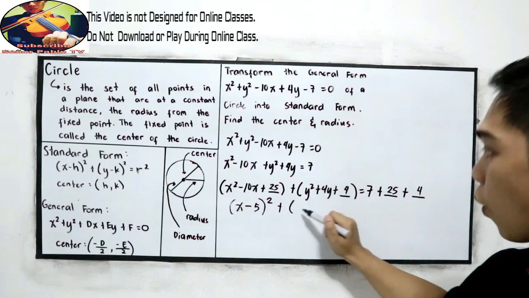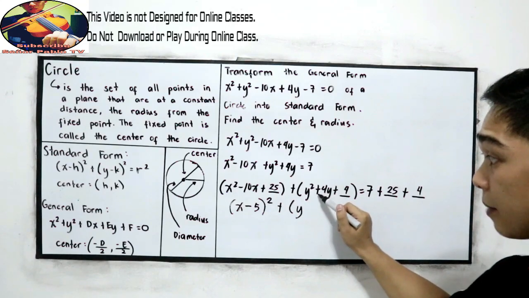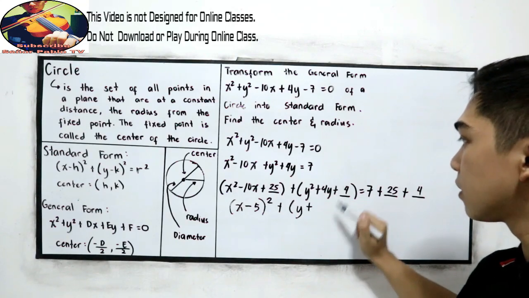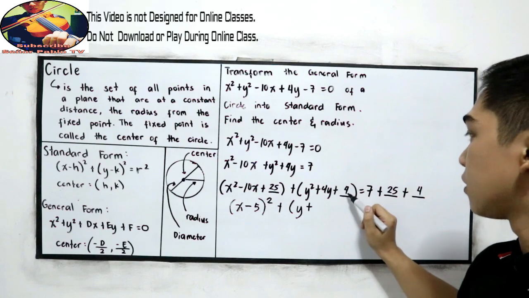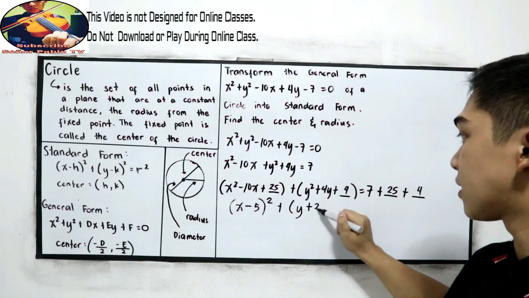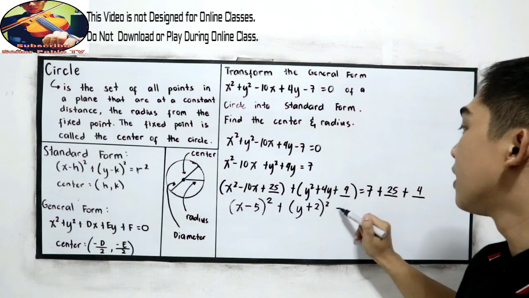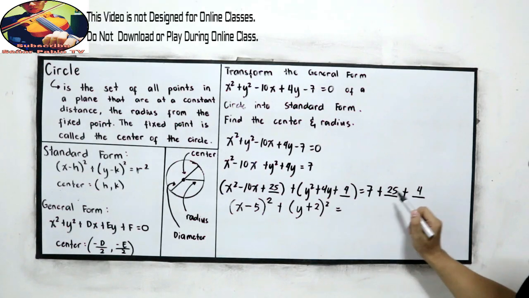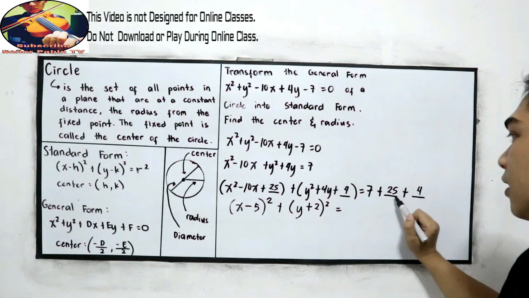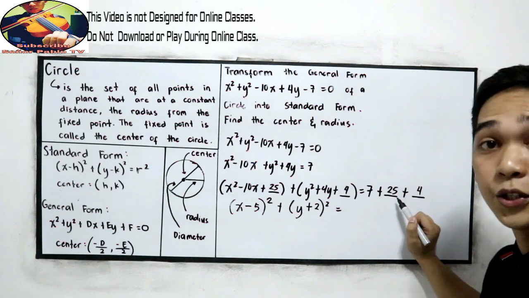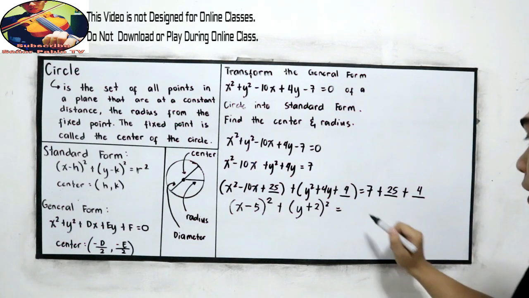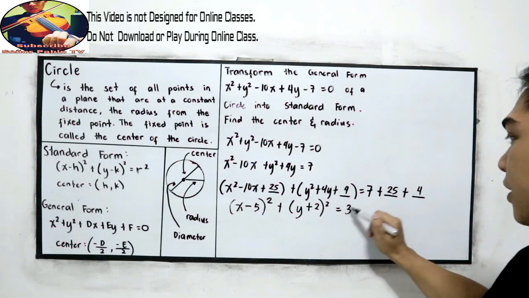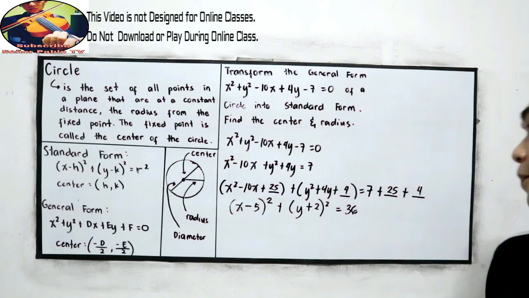Plus y, sign of the middle term, plus square root of 4, positive 2 squared, is equal to, so we need to add 7 plus 25, that is 32, plus 4, we have 36.